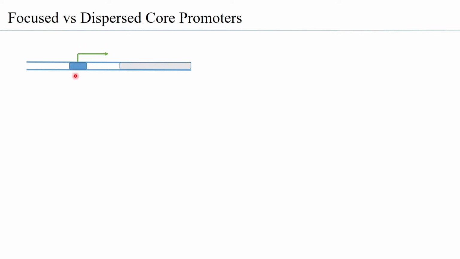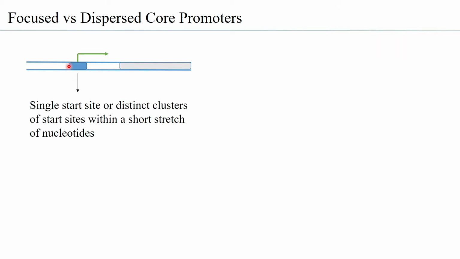So you can see that the transcription is initiating at a very focused region. You may either have a single start site or you may have distinct clusters of start sites, but it is always present within a very short stretch of nucleotides.